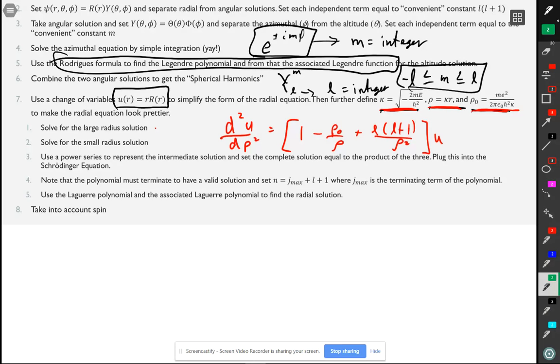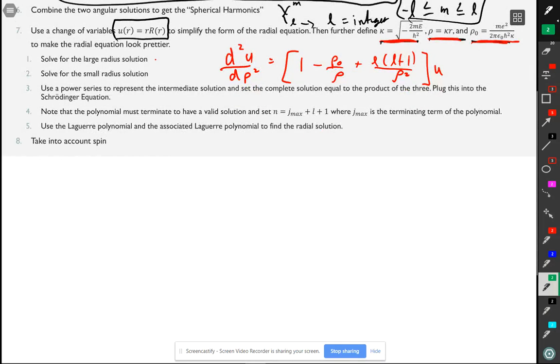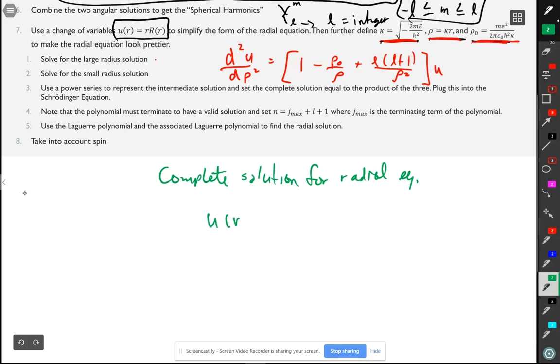So just as we did with the analytical approach for the quantum harmonic oscillator, we said, well, let's just take a power series to get our complete solution. So we set our complete solution for the radial equation, u of r, equal to, when you had rho sub L, that was rho to the minus L, right?